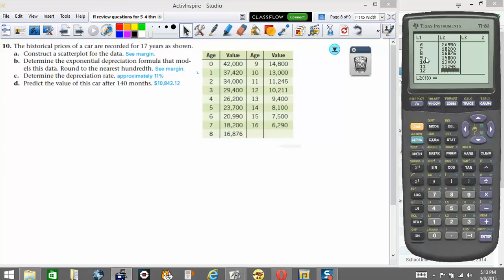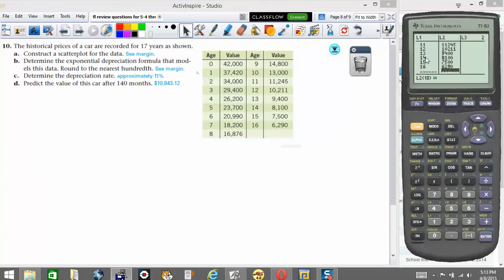Year 12 is 10,211. And 13 is 9,400. And then 8,100. And then 7,500. And year 16, 6,290.